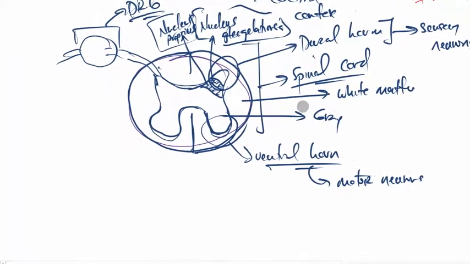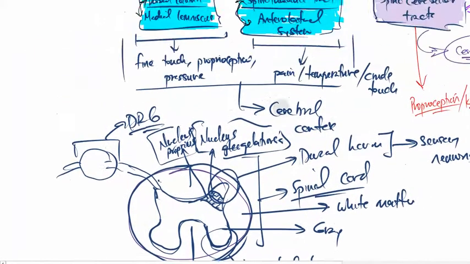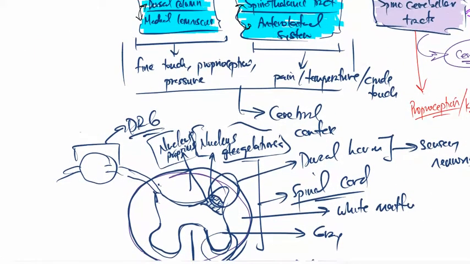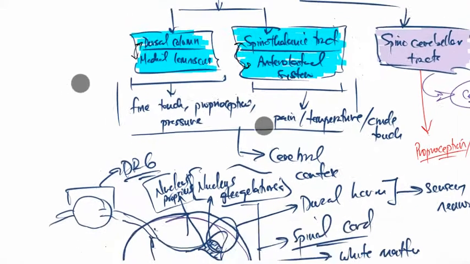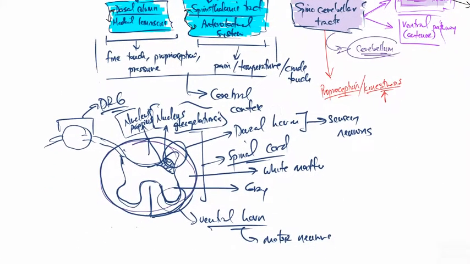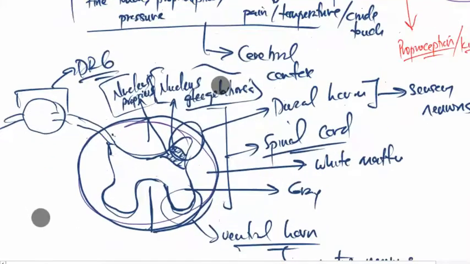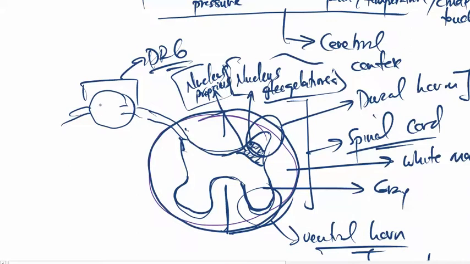Okay, so now, the sensory information, right? The first neuron is going to be located here in the dorsal root ganglion.